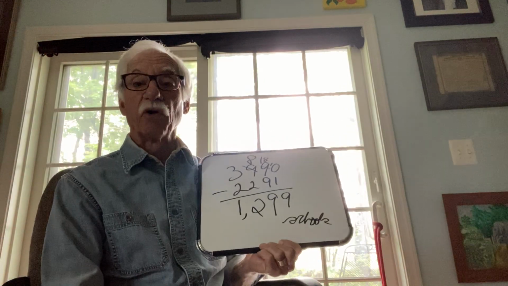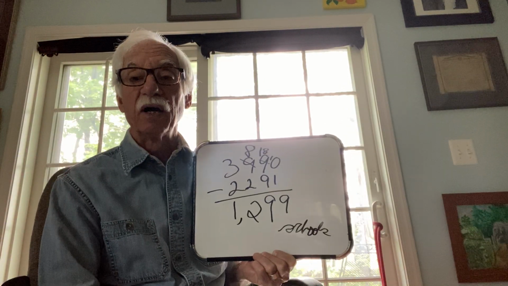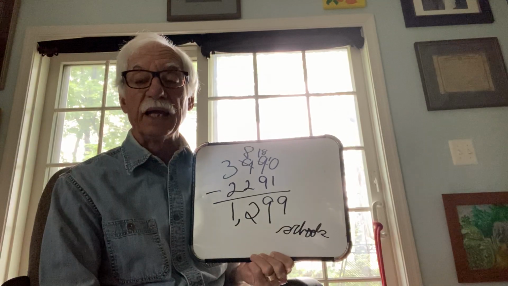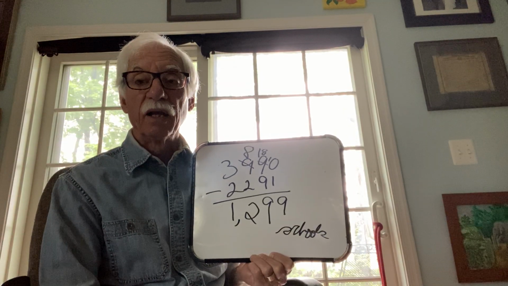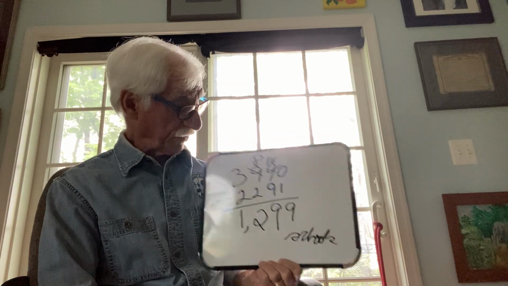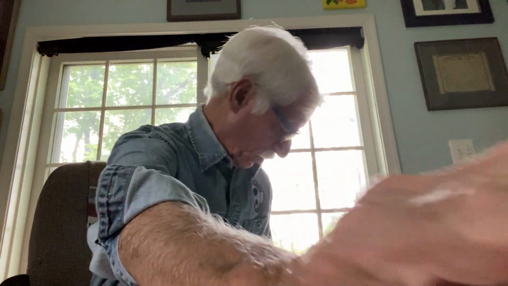Remember, for a story problem, you always got to have a word in your answer. In this case, the difference, 1,699 schools. Got it right, give yourself a check. You got it wrong, learn what you did wrong.